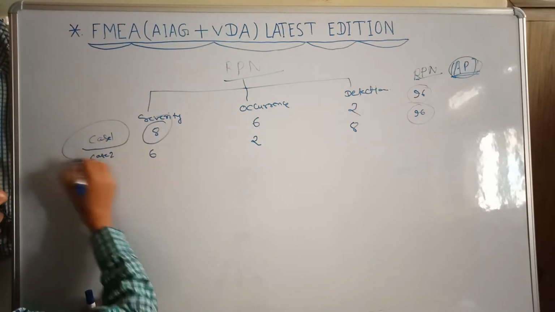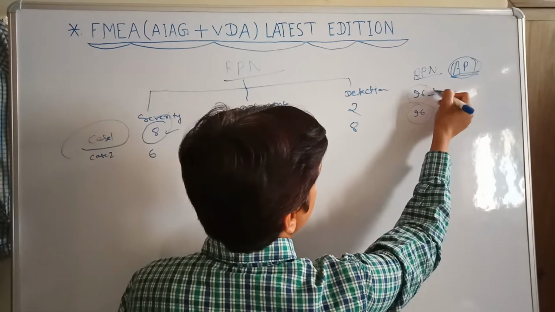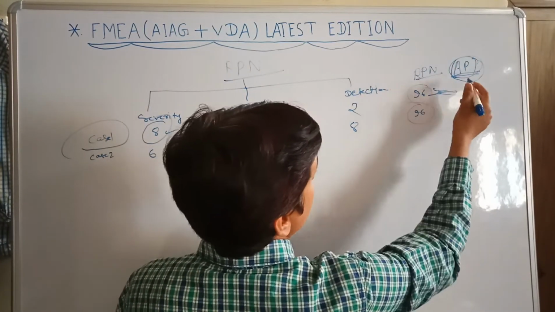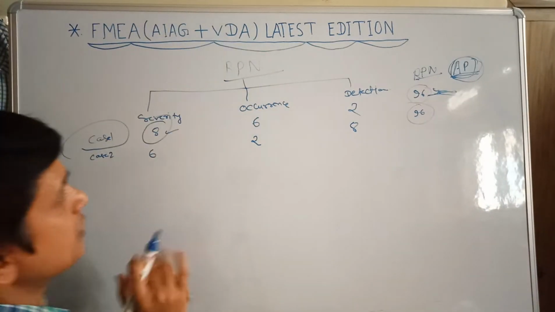So in these cases, if the severity is 8, you need to focus on this AP. This is the benefit of this latest edition.